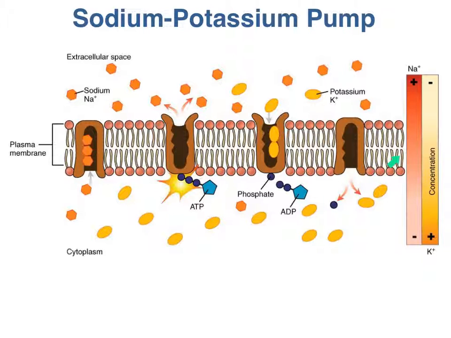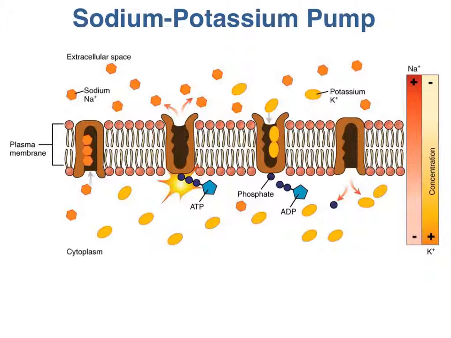Over here, you can see the concentration gradients that we have. This is the extracellular side of the membrane, and this is the intracellular side of the membrane. There is typically a higher concentration of sodium outside the cell and lower concentration inside the cell. And potassium is reversed. There's a higher concentration of potassium inside the cell than outside.